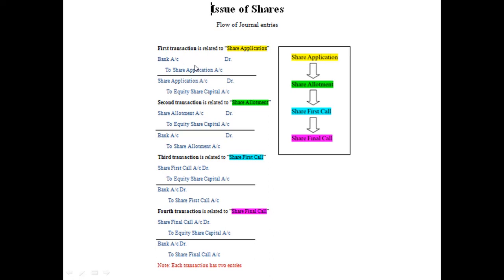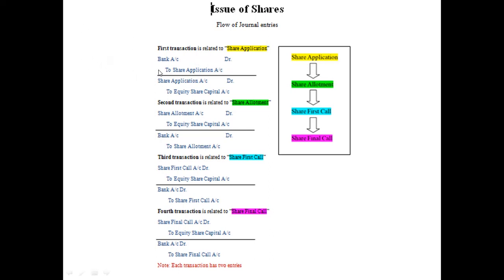Once we receive the amount for the shares that have been issued in the market, the public, when they apply for or purchase the number of shares, we receive the money. Hence the bank account will be debited, following the golden rule of real account: debit what comes in, credit what goes out. So this is your first entry: bank account debit to share application account.